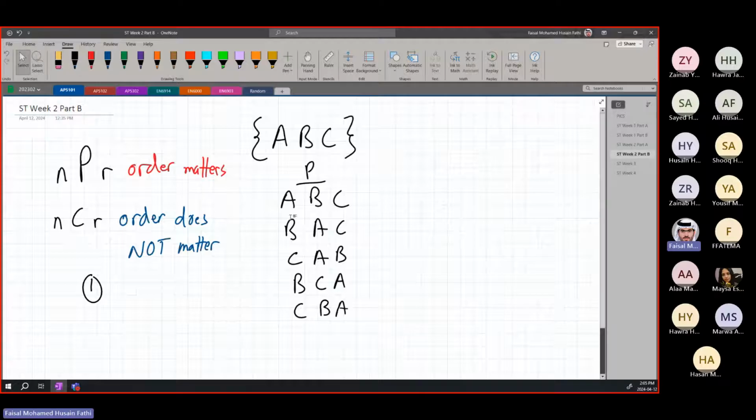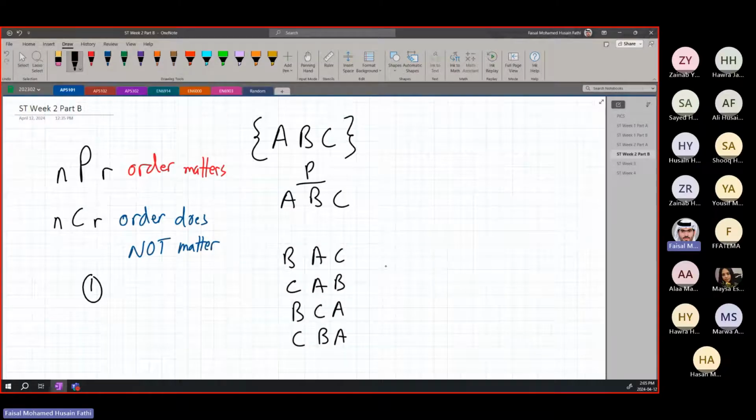And actually one more way as well, if I pull this down, we can also write it as ACB. So the order is all completely different here. How many options do we have? At the end, you'll notice that we have 6 different ways of writing this.